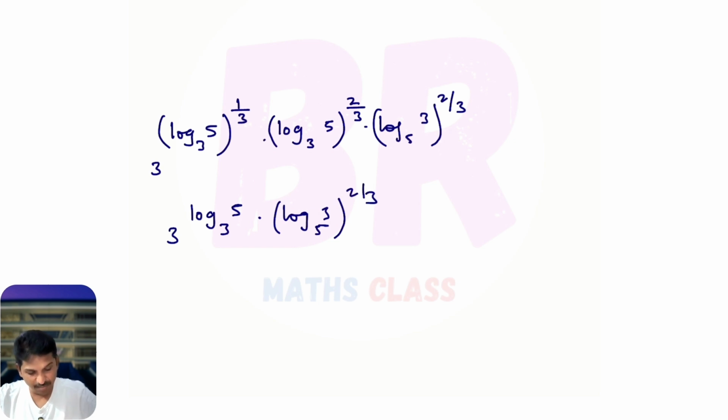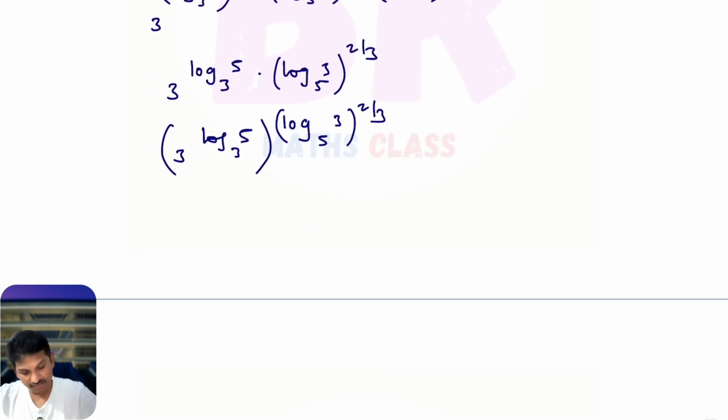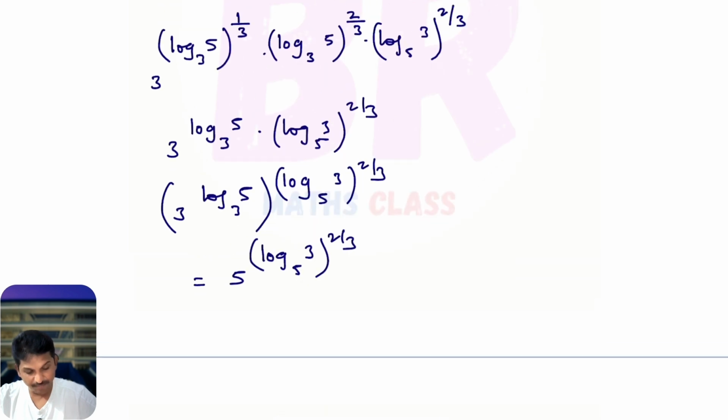This is like a power m into n, that can be written as a power m whole power n. So this is nothing but 3 power log 5 base 3 whole power, log 3 base 5 whole power 2 by 3. This is of the form a power log m base a, which is m. So this is 5 power log 3 base 5 whole power 2 by 3.